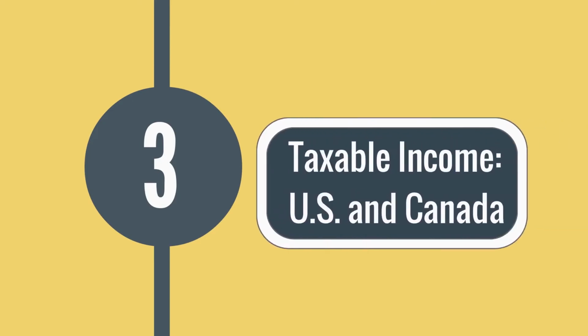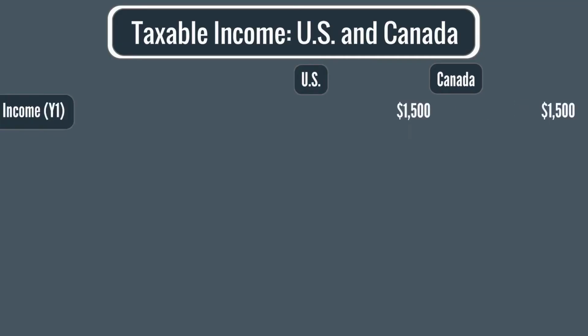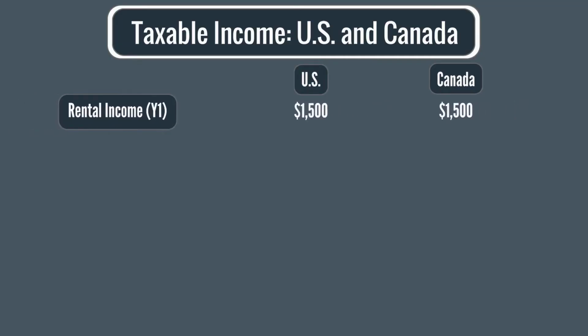Taxable income of the US and Canada. Let's look at the taxable income calculation for the Florida rental property for US tax purposes and Canadian tax purposes. Rental income, year 1. Expenses, year 1. Insurance.